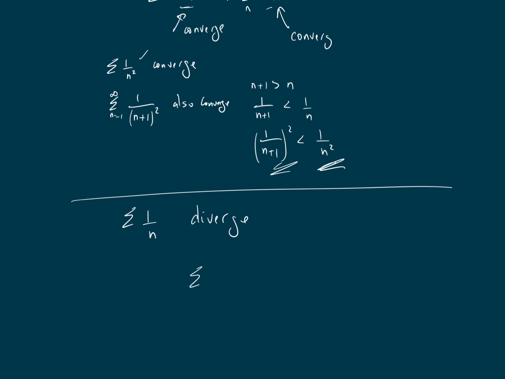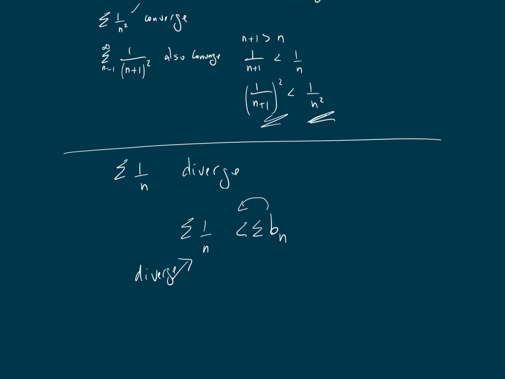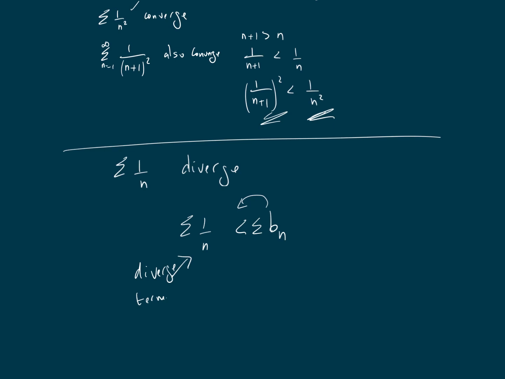If the series summation of 1 divided by n diverges, and there is another series V sub n that is greater than the one that diverges, then the summation of V sub n diverges. You measure here, and the one that you want to test, if it is bigger than the one that diverges, will diverge also.